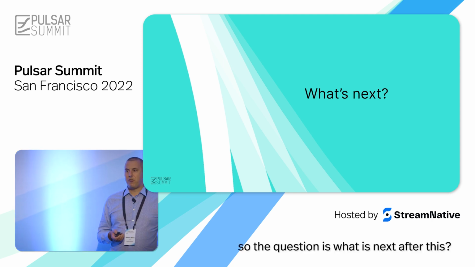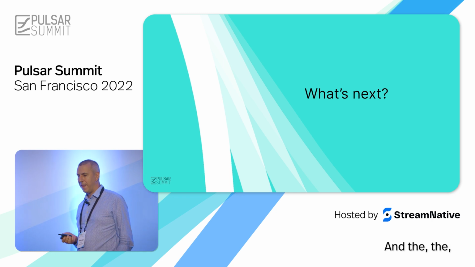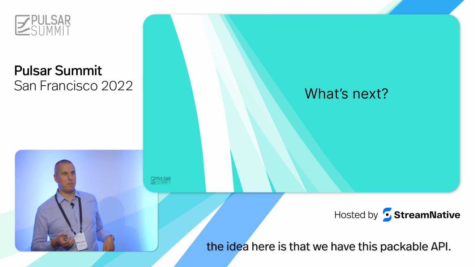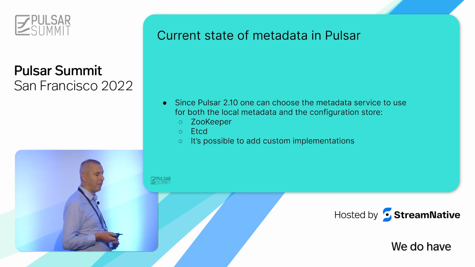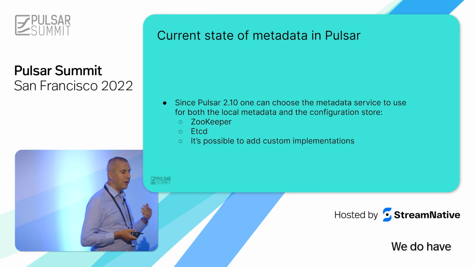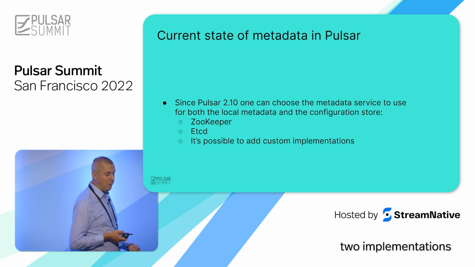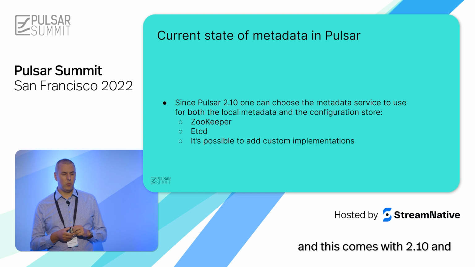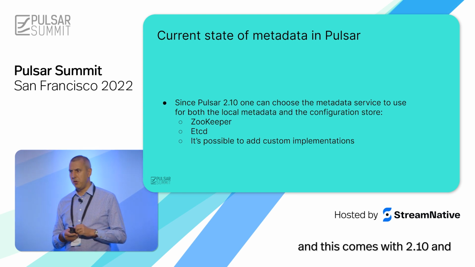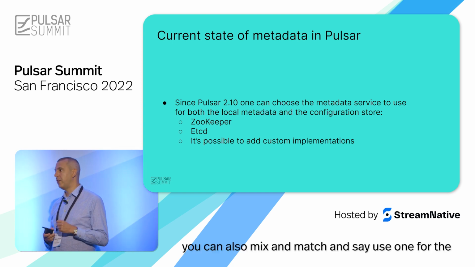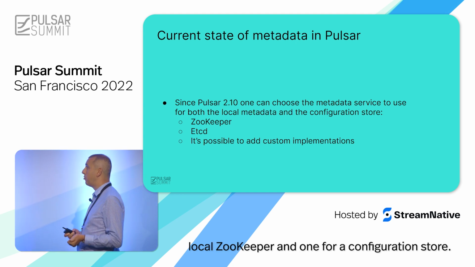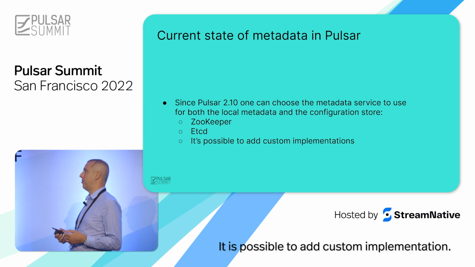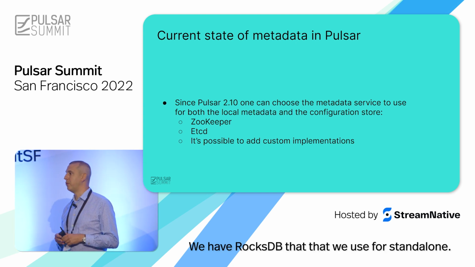So now the question is, what is next after this? The idea here is that we have this pluggable API. We mainly have two implementations, which are ZooKeeper and etcd, and this goes with 2.10. You can also mix and match, and say use one for the local ZooKeeper and one for the configuration store. It is possible to add a custom implementation. We have RocksDB that we use for standalone.